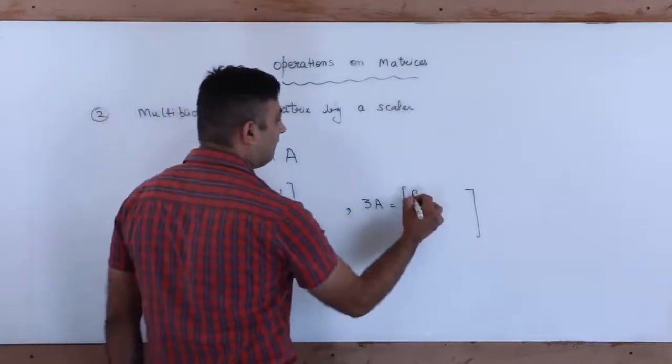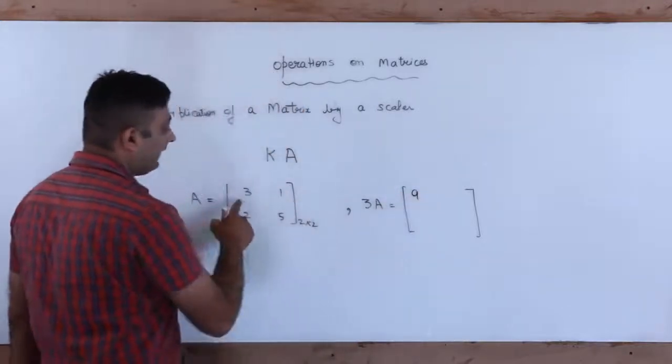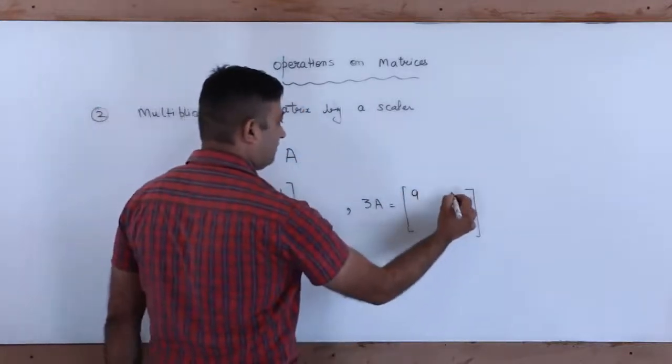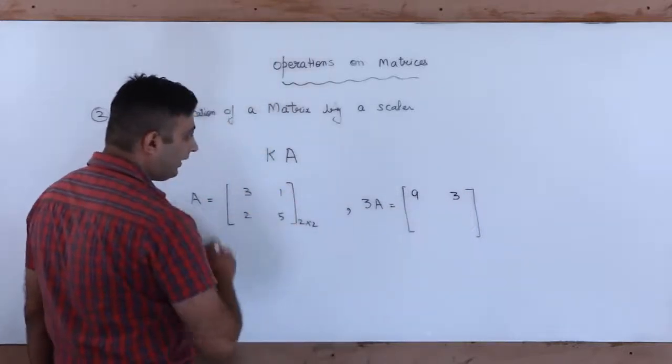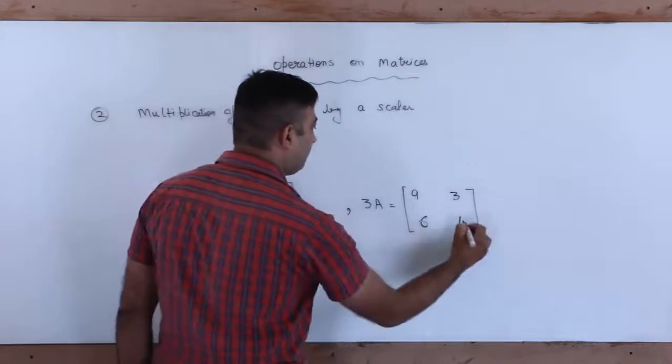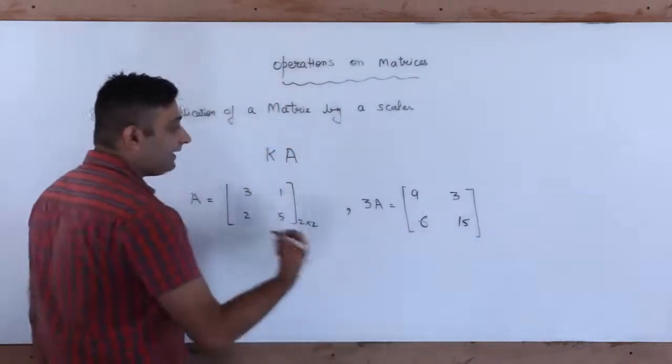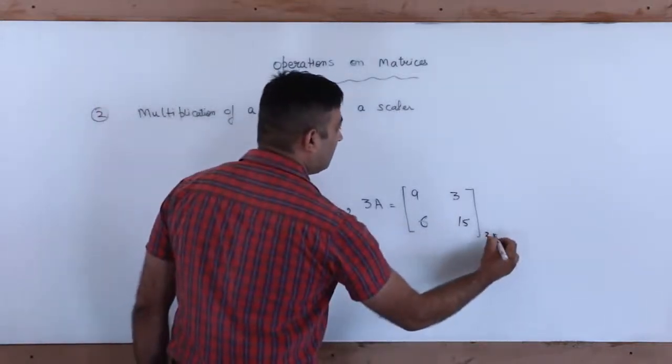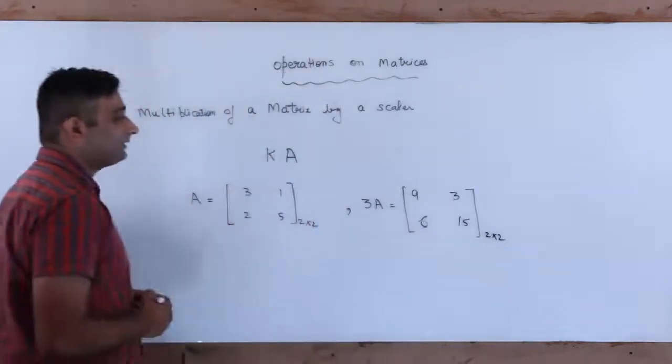That is, A11 will become 9, A12 will become 3, A21 will become 6 and A22 will become 15. Again we can see that 3A will be a 2 by 2 matrix.